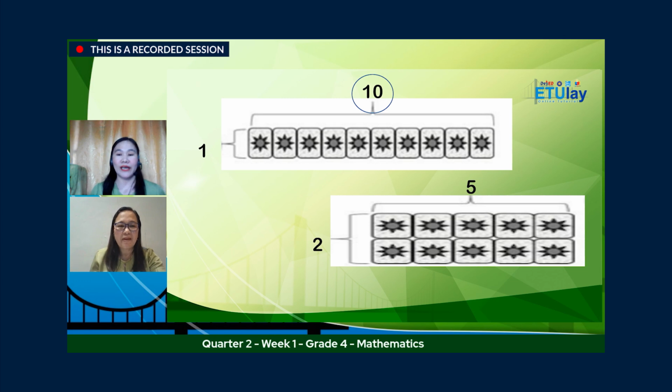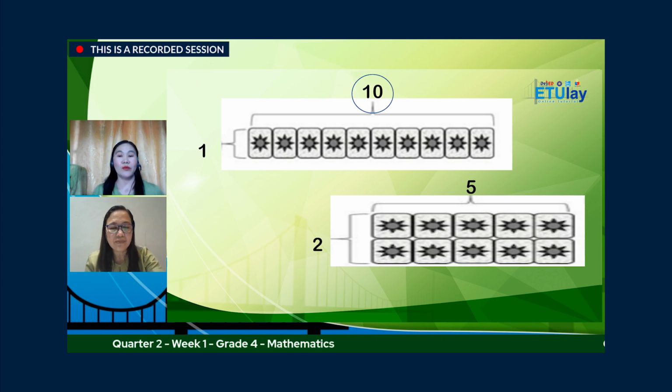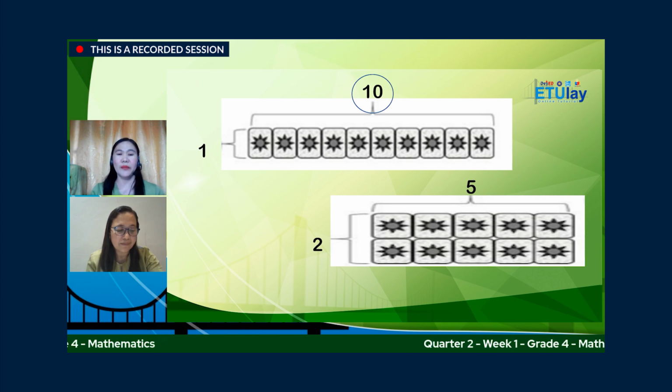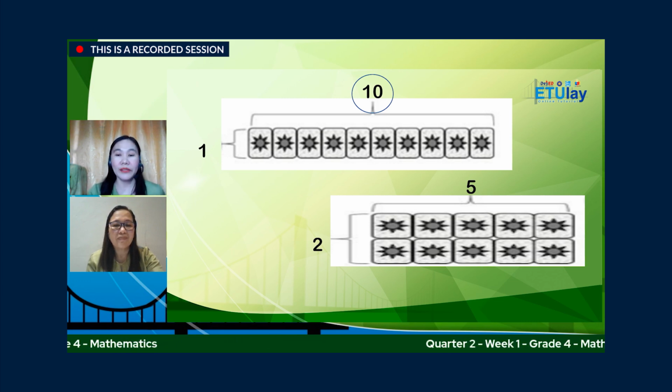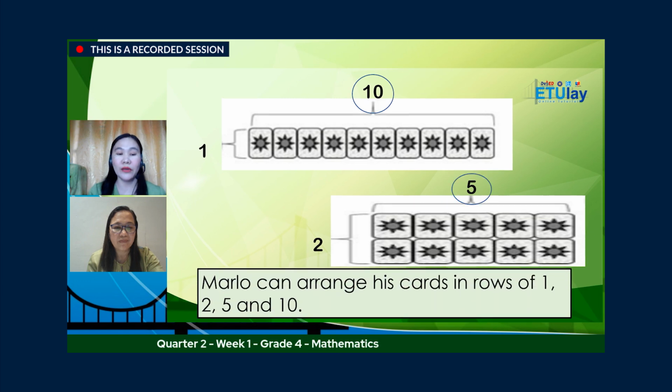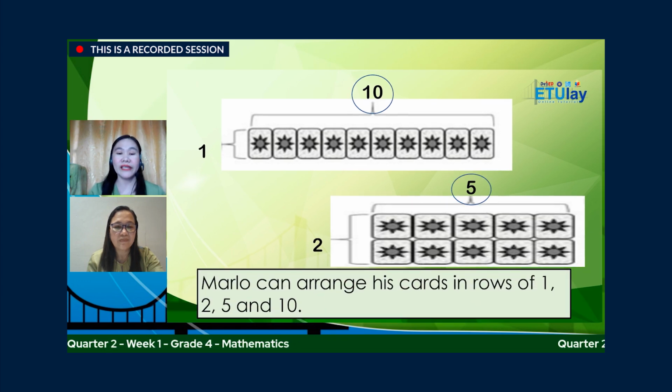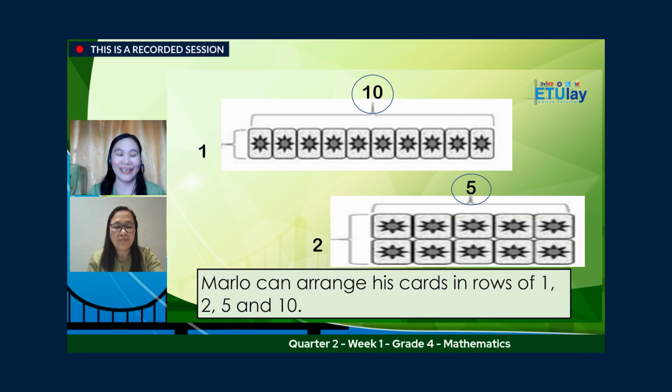Okay, nakikita na natin kung paano niya inayos ang kanyang mga cards. Yan ang paraan ni Marlo kung paano niya ayusin ang kanyang 10 cards. So, Marlo can arrange his cards in rows of 1, 2, 5, and 10.